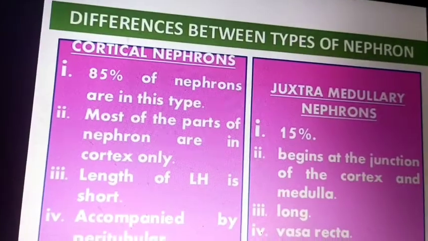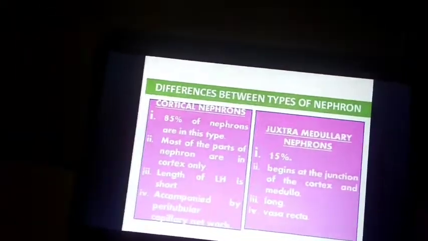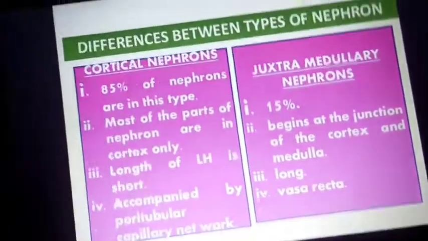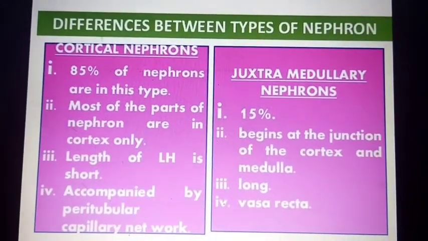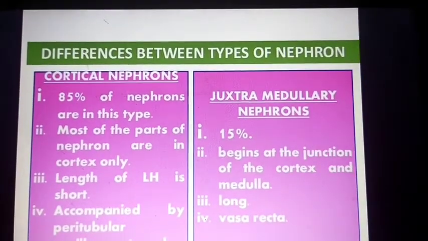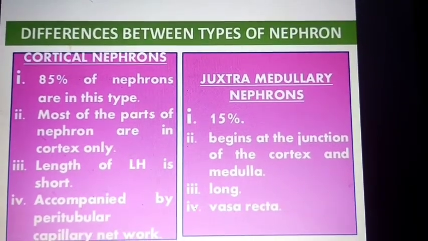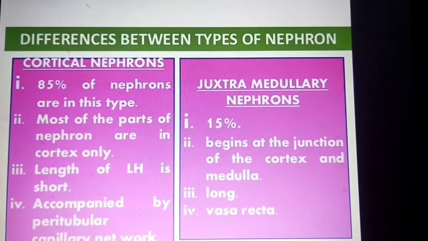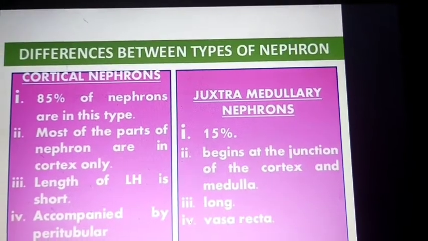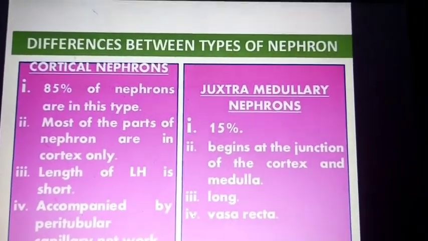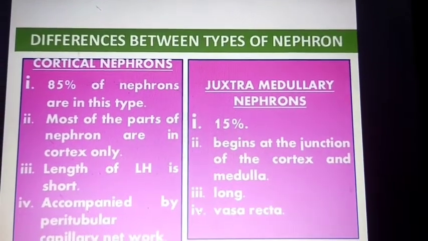What is the difference between the nephrons? Most nephrons are present in the cortex of the kidney, and some are present in the medulla. Of all the Bowman's capsules, or glomeruli, 80 to 85% of nephrons are present in the cortex, and the remaining 15% are present in the medulla.